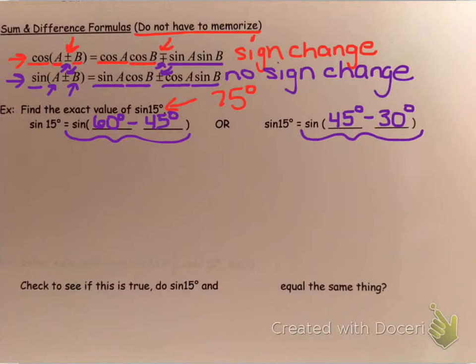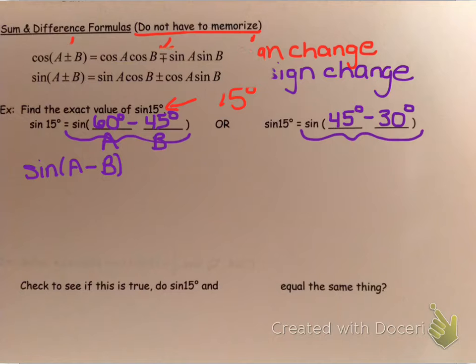So let's say that I evaluated this one, because this one will give us the same answer. I'm going to call this angle A, and I'm going to call that angle B. So what I'm doing is sine of A minus B. I'm going to take this identity, let me erase it and clear it out so it's not so covered in arrows, and I'm going to plug in, everywhere I see an angle A, my 60 degrees, and everywhere I see an angle B, 45 degrees.